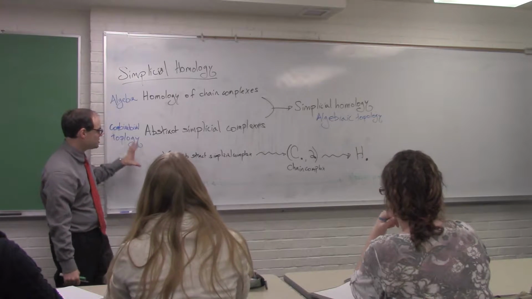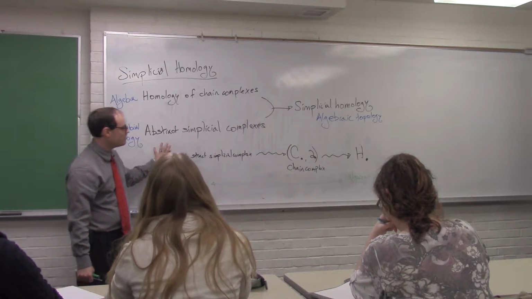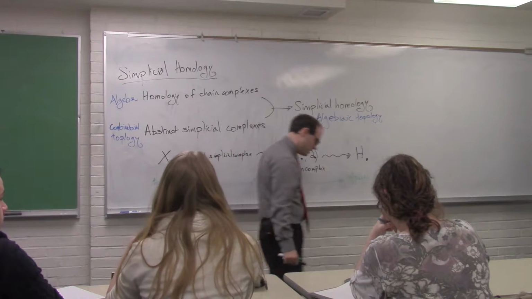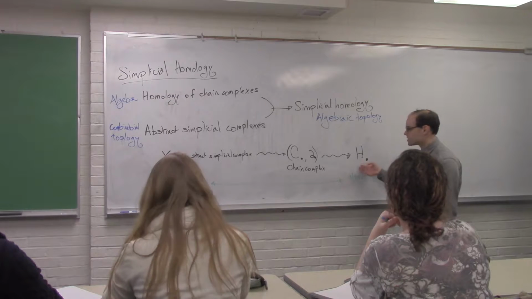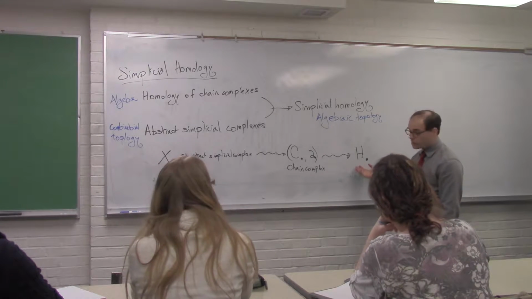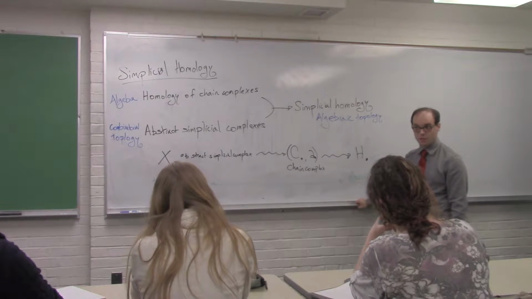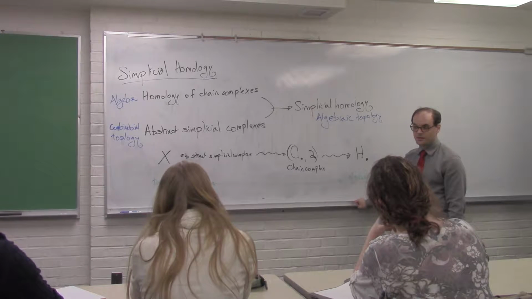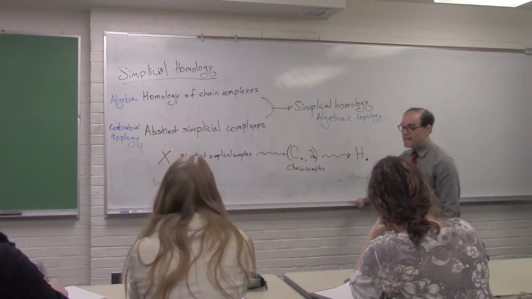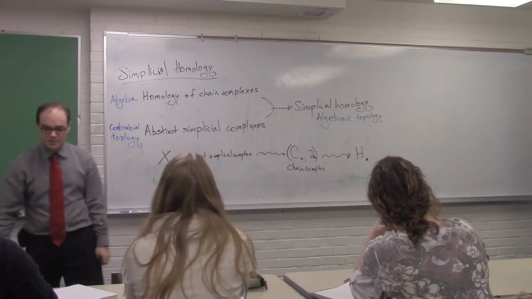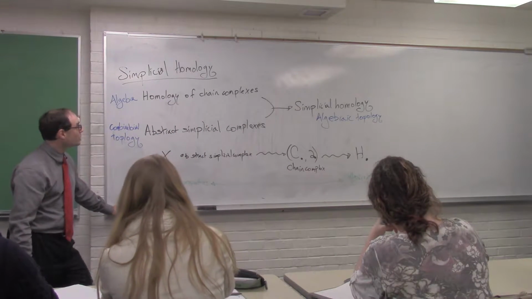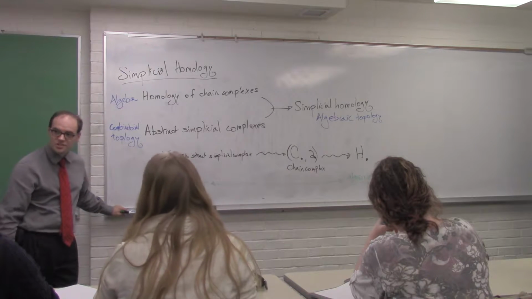The recipe is take your topological space, turn it into a chain complex, and then analyze the homology of that chain complex in the hope that that homology tells you something about the topological space you start with. X, in that case, represents a topological space, not just an abstract simplicial complex. But what I'm going to show you today is for abstract simplicial complexes.